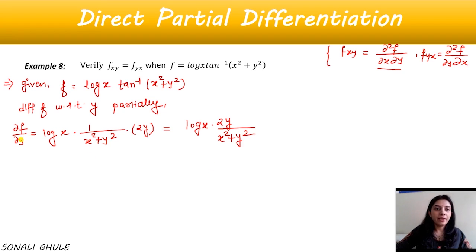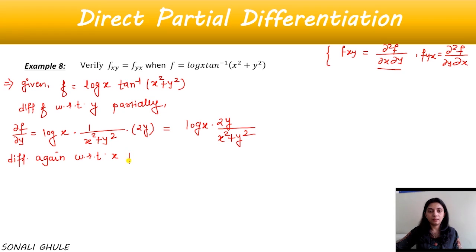Now what I have to do? I have to differentiate this with respect to x. So differentiate again with respect to x partially. Now this time y will be constant.